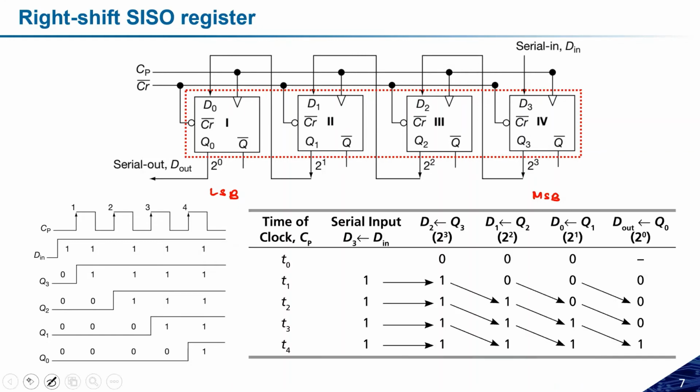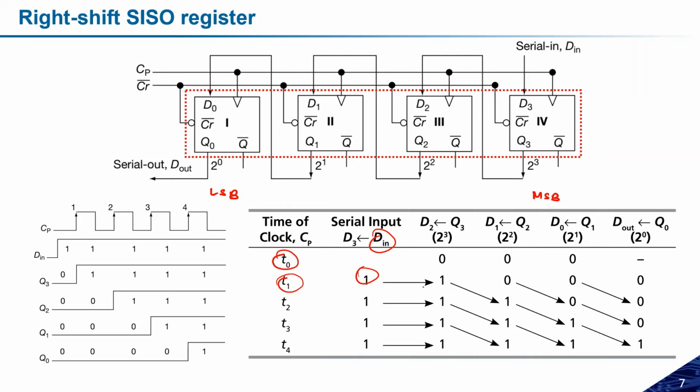Okay, and similarly, this is how you can make the truth table. This is easily doable because we have already done it. This truth table is nothing but another way of representing the timing diagram. At time t0, let us assume the data was 0 0 0 0, and at t1, I'm giving the data input which is 1, so that will be reflected.